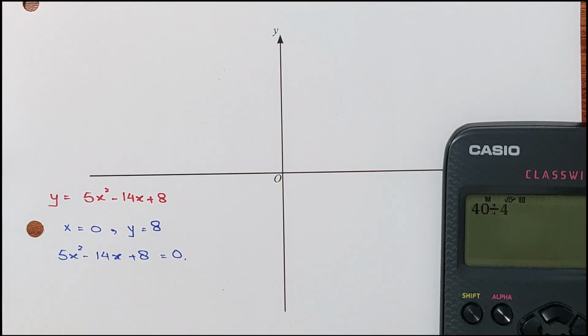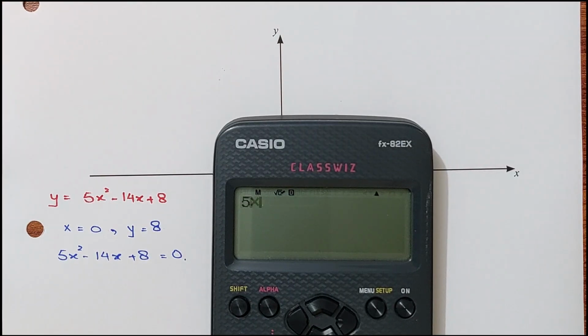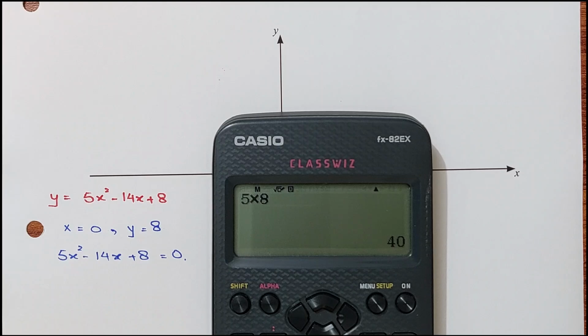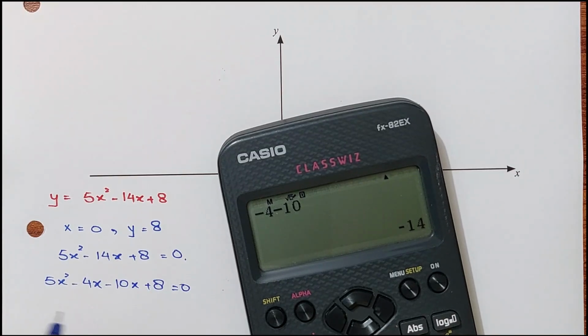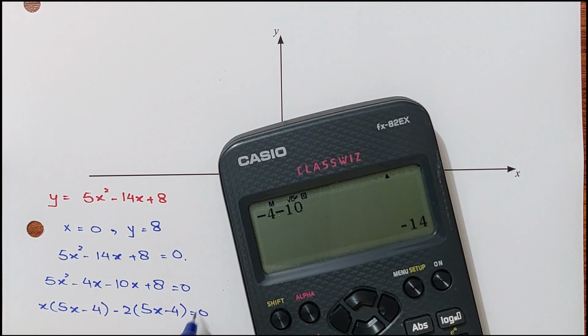Okay, let me factorize this. We have 5 times 8 is 40, and 4 times 10 is 40, and minus 4 minus 10 is negative 14. So 5x square minus 4x minus 10x plus 8 equals 0. Taking x common, we have x times 5x minus 4, and taking negative 2 common, minus 2 times 5x minus 4, equals 0.